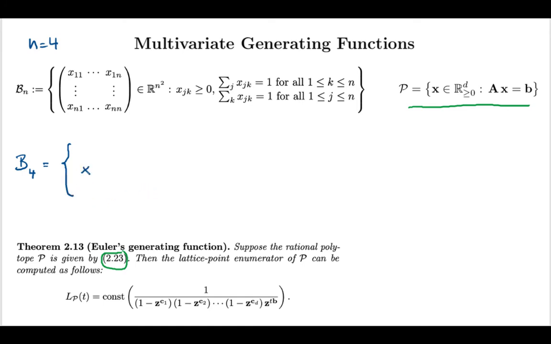Okay, so that means I need a 16-dimensional vector with non-negative entries, and my matrix, if I think of the first 4 entries giving me the first row, I have 1, 1, 1, 1, and then the next 4 entries giving me the next row, and so on. So now I have 16 entries and all 4 row constraints.